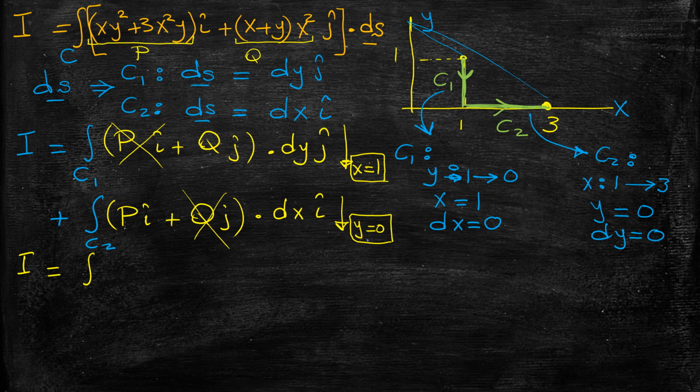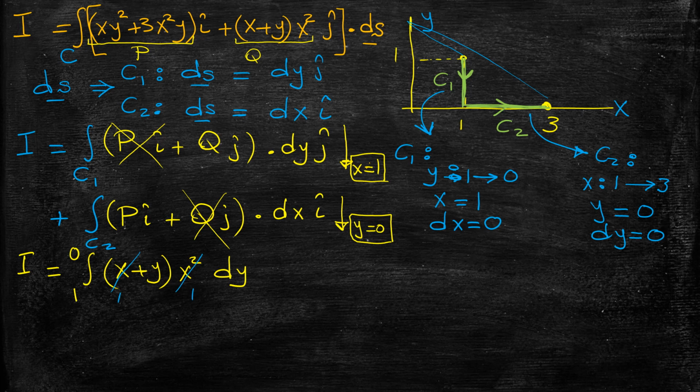So let's do this together. I have the first integral, Q dy, which is x plus y x squared dy, the integral along y from 1 to 0, and substitute with x equal to 1. So this term will be 1, and this term will be 1. This is the first term.